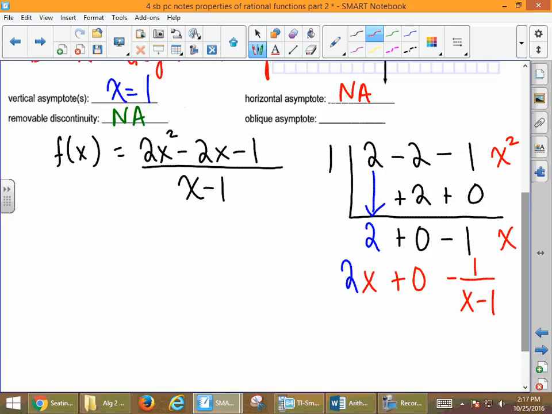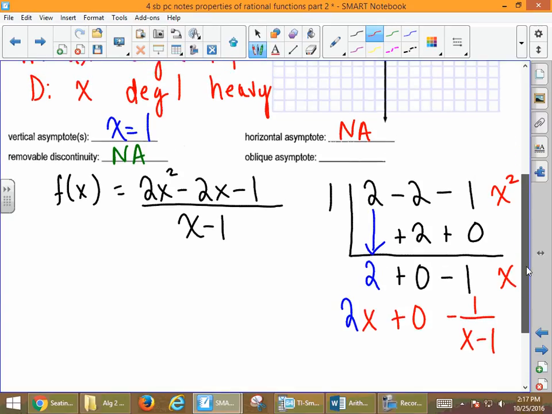But in terms of the oblique asymptote, what we didn't talk about enough yesterday in our notes is that as x approaches infinity or negative infinity, our graph is getting closer and closer and closer to infinity, but it follows a slanted line.